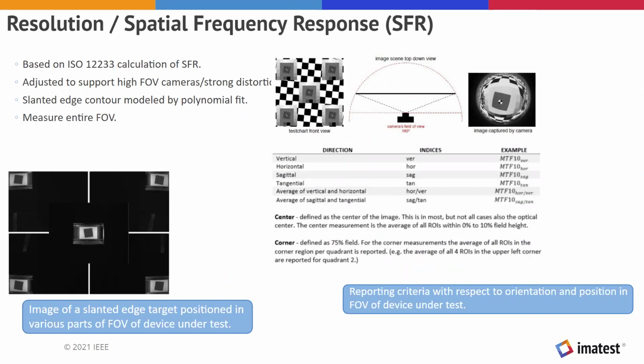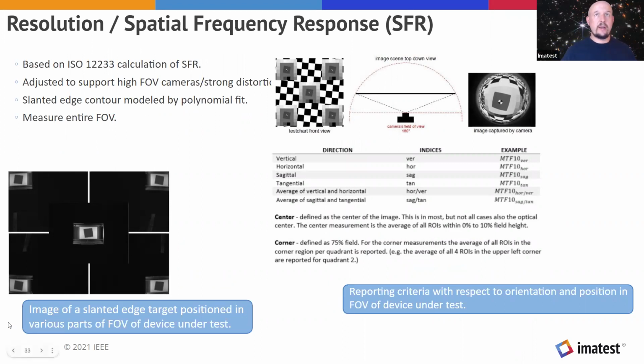So next I'll discuss them. For resolution measurement, this is the same sort of slanted edge method, but we're using the step response next to the slanted edge so that we know how to linearize each slanted edge appropriately.